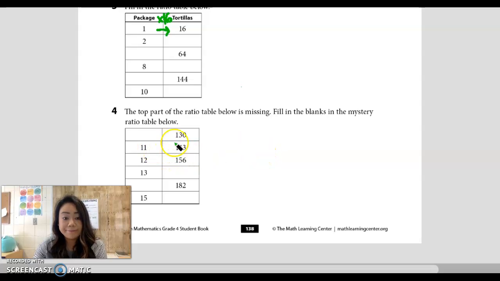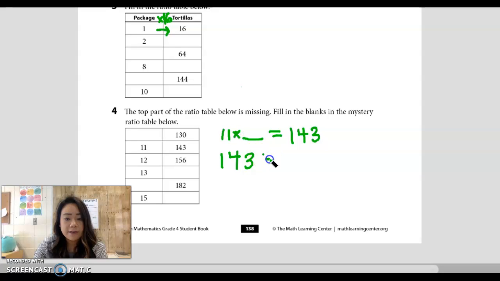So you know what? I'm going to do this the long way. So I could say 11 times something equals 143. So that's basically saying 143 divided by 11 equals a number, right?